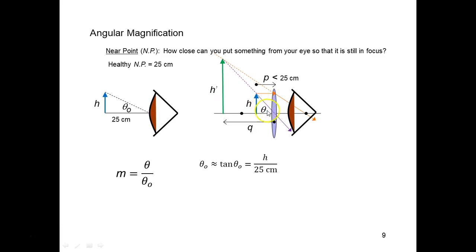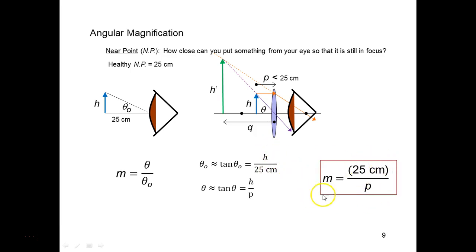Because that angle theta is the same angle that's formed with this larger triangle, the image h prime q triangle. So if I look at that smaller triangle, I can say that the tangent of theta is h over p. And then again, since that angle is going to be relatively small in practice, that's approximately theta in radians. So what I can do is replace the theta and the theta naught with h over p and h over 25 centimeters, and I get a much more friendly equation to use to calculate the angular magnification for this lens.